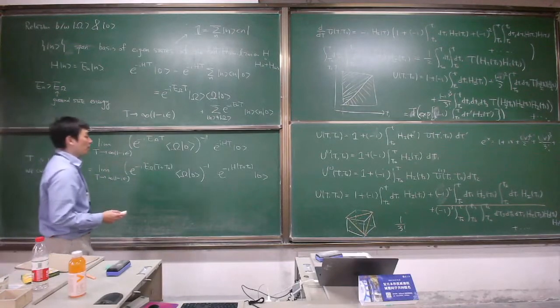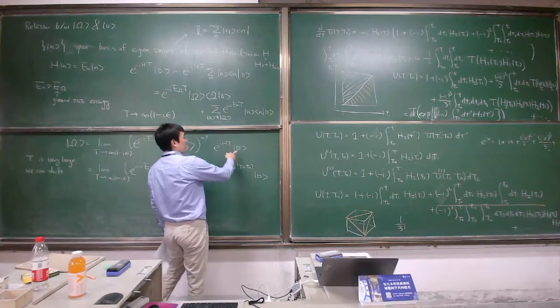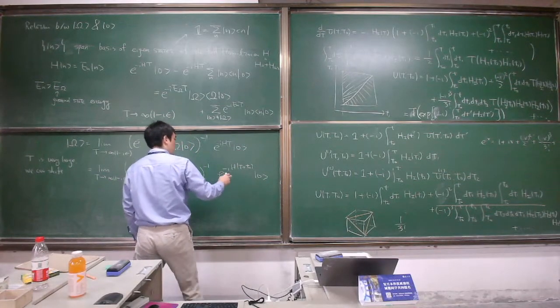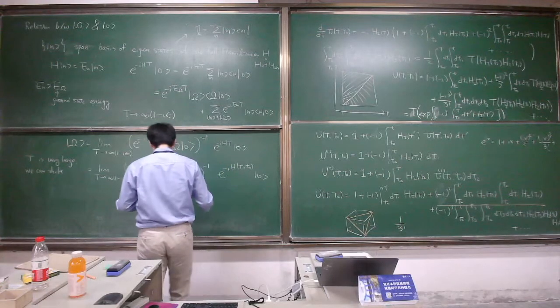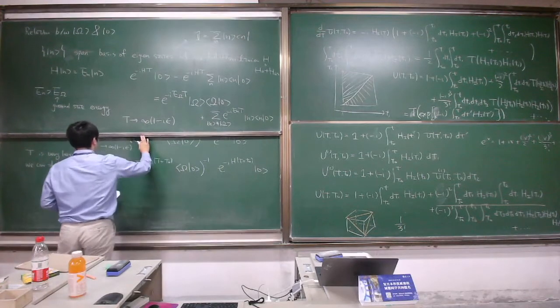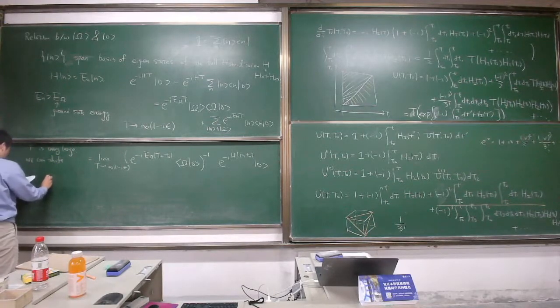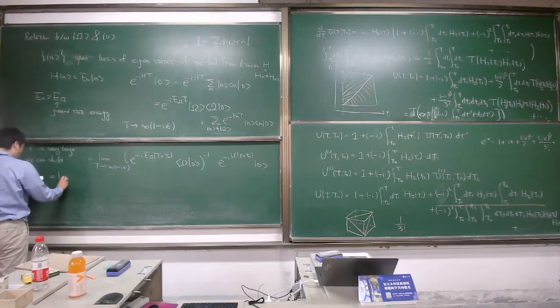And since this is the vacuum of the free theory, we can freely put in e to the iH naught. So let me shift a little bit because the formula becomes a bit long.